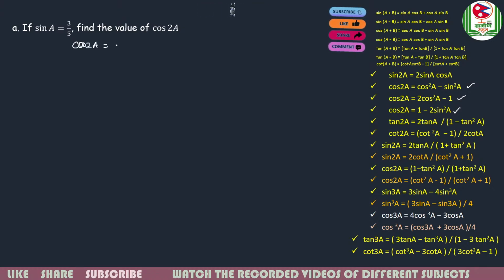So cos 2A equals 1 minus 2 sin square A. What will be the value of sin square A? It means 2 into (3/5) whole square.